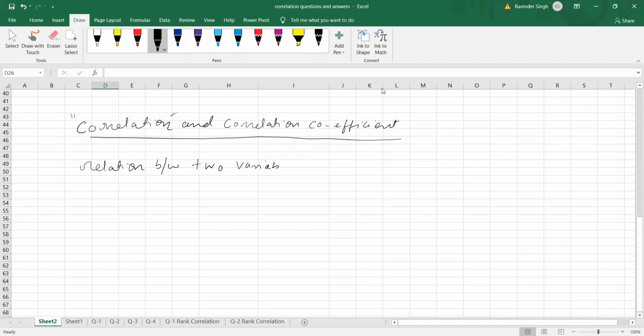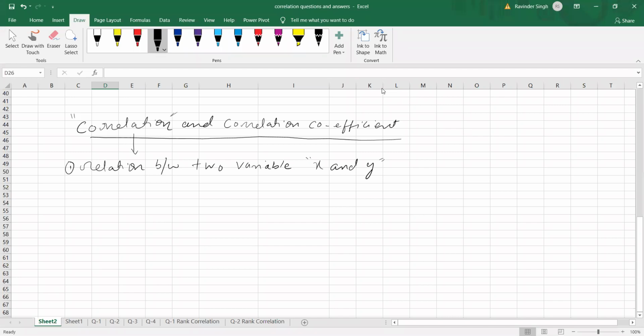If we want to find the relation between two variables x and y, whether they are related or not, we find that relation by the term called correlation.